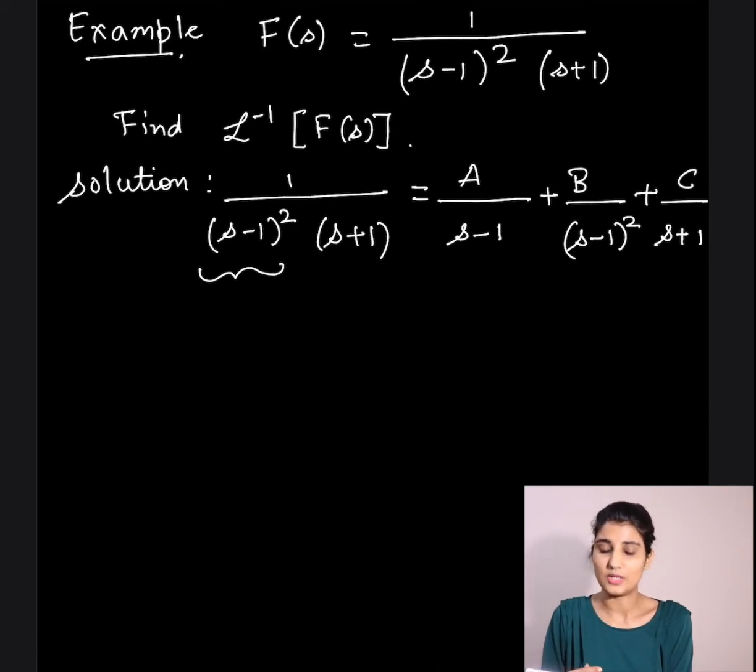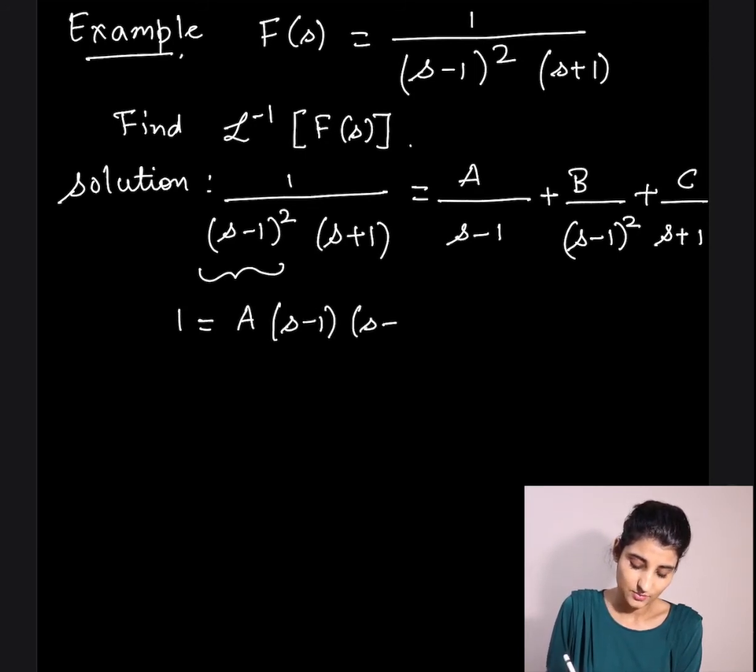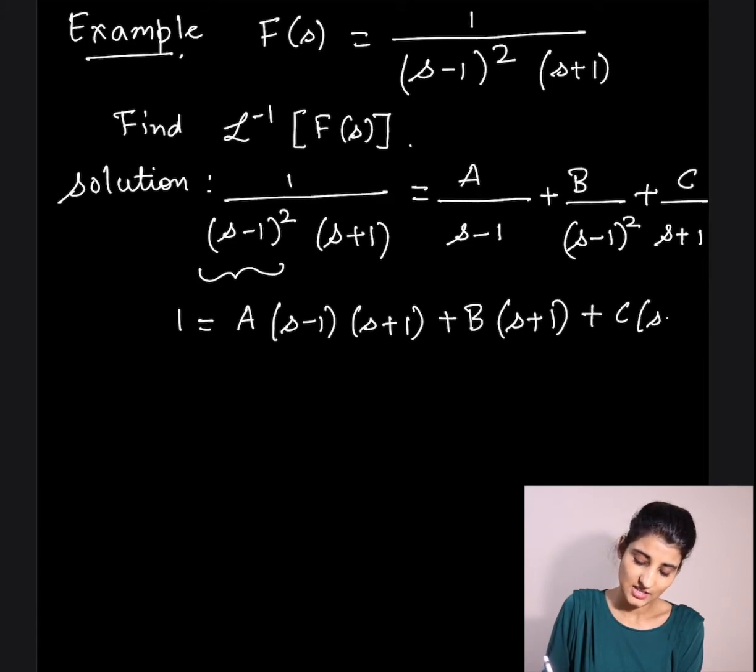Next step is we multiply throughout by the denominator (s minus 1) square times (s plus 1), and we will get 1 equal to A times (s minus 1) times (s plus 1) plus B times (s plus 1) plus C times (s minus 1) square.